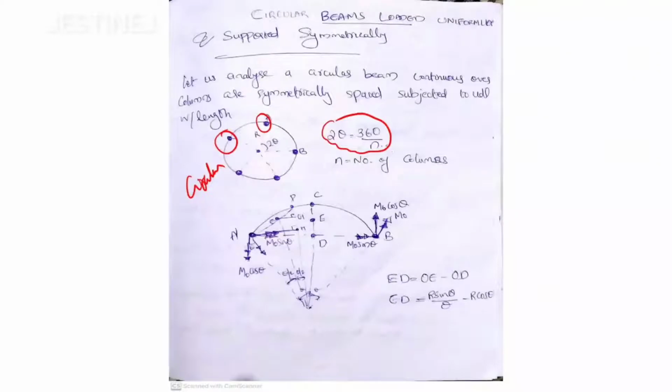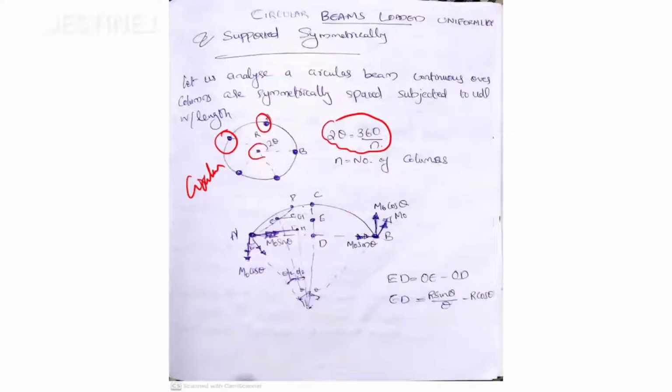What do you mean by this n and this 2 theta? Actually the total degree is going to be 360, and if you are only taking a small portion, let us take AB, then it is going to be 360 by n, and this n represents the number of supports.